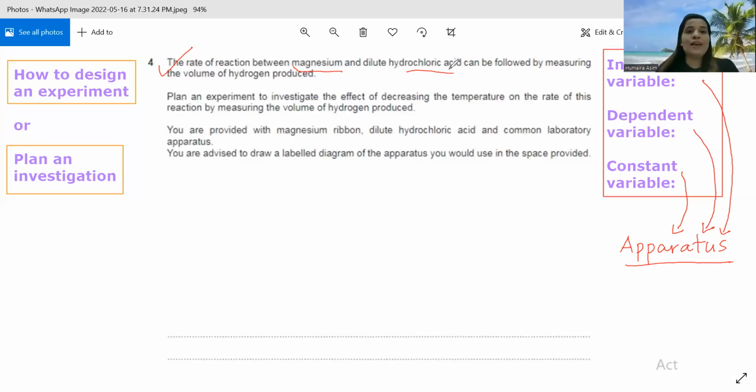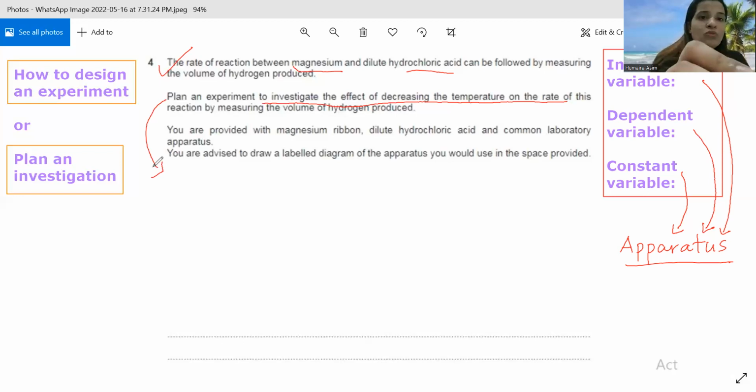Now, plan an experiment to investigate what? To investigate the effect of decreasing temperature. So it means we have to use different temperatures, right, in order to investigate this, what they are asking. So here, this should be my first point that I am going to use.